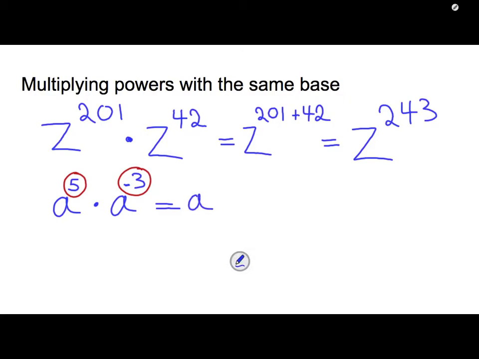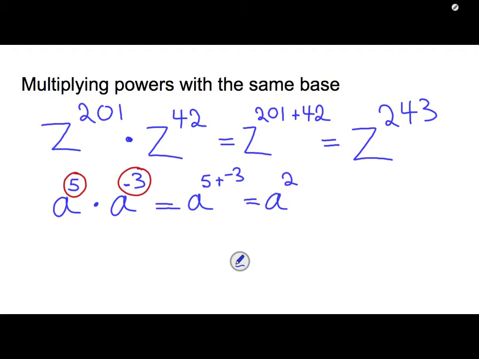So a to the 5th plus -3. 5 plus -3 is just the same as 5 minus 3. So that's going to be a squared. 5 minus 3 is 2. So there's our answer.